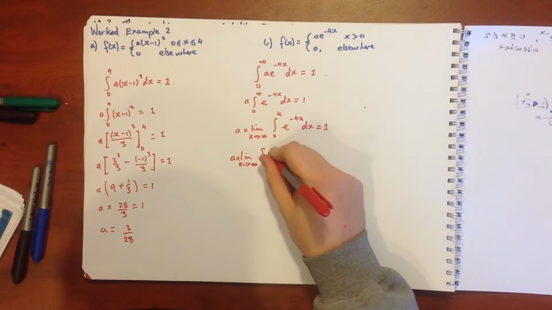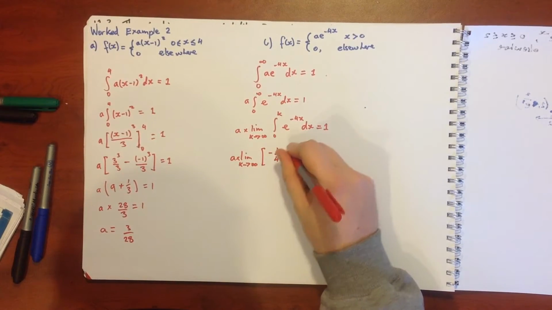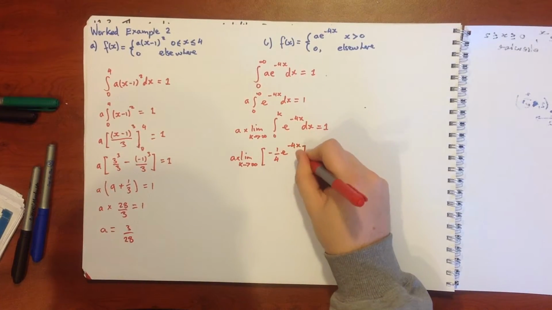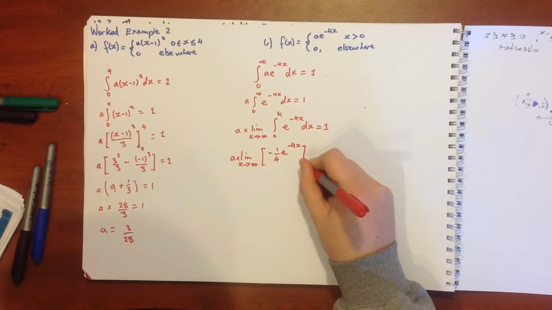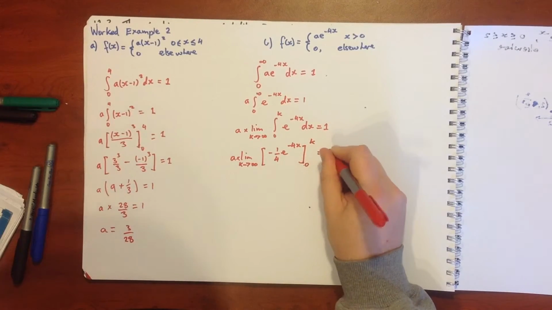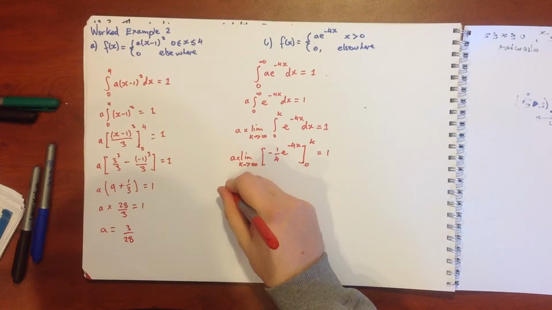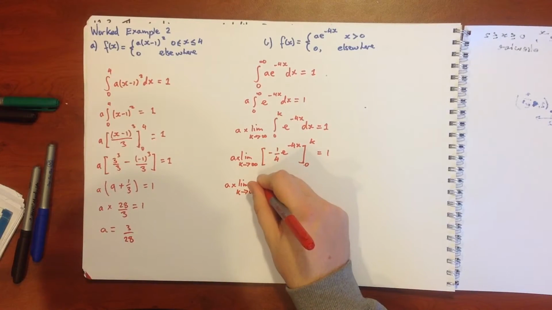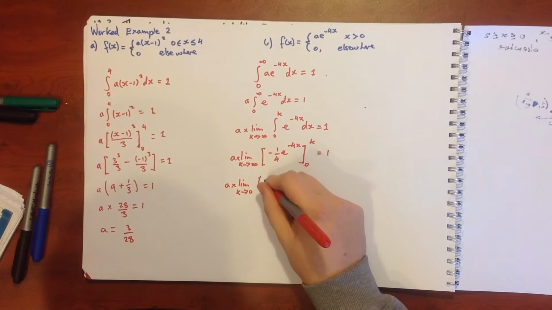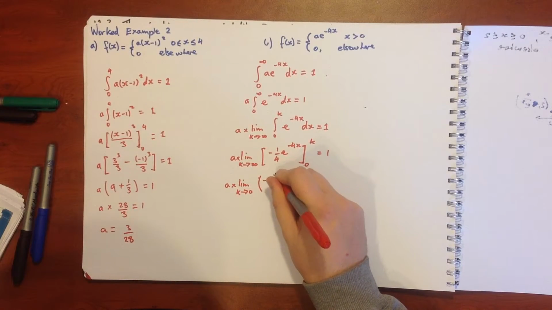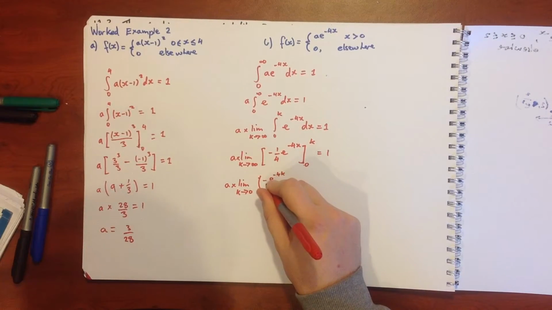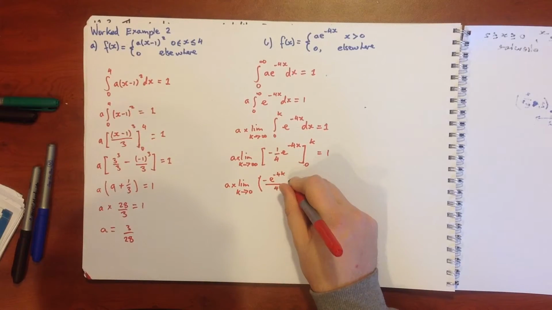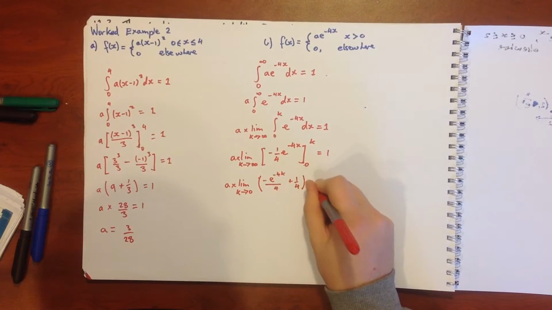We're going to have negative 1 on 4 e to the negative 4x, from 0 to k, equals 1. So we sub in our k value, which means we get negative e to the negative 4k on 4 plus a quarter equals 1.